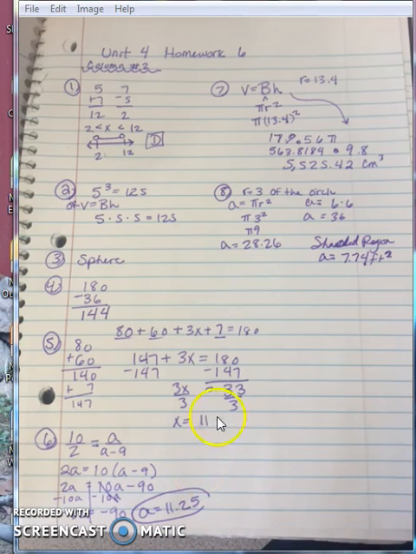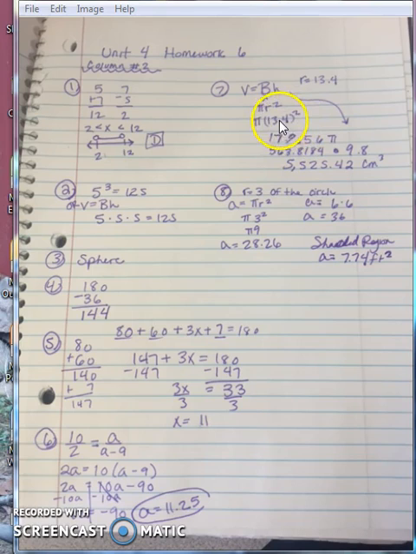Okay, number 7. Our formula for the volume of a cylinder is V equals big B times the height. Well, it's a cylinder, so the area of the base is going to be pi r squared. So we'll do pi times our radius, which would be 13.4 because it's half of our diameter. So 13.4 squared.